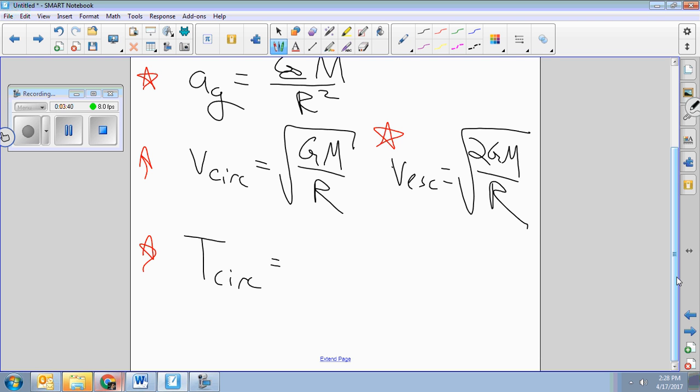It's 4 pi squared times r cubed over GM, square rooted. Is that right? Is that pi squared? Oh, it's pi squared.